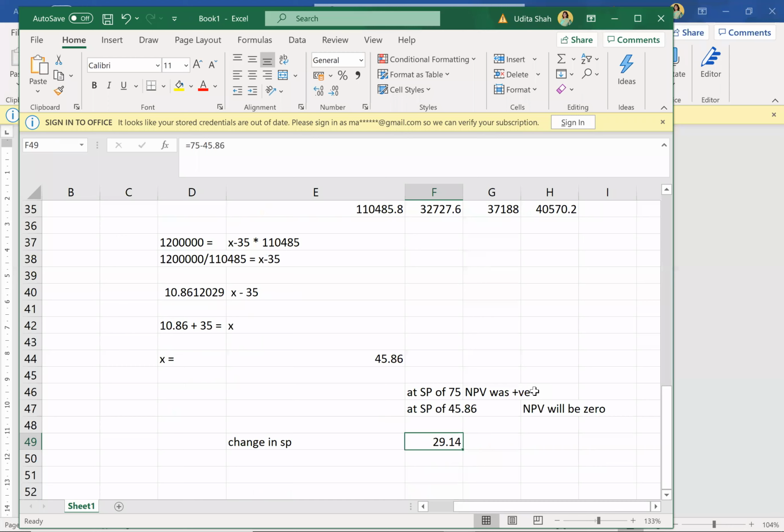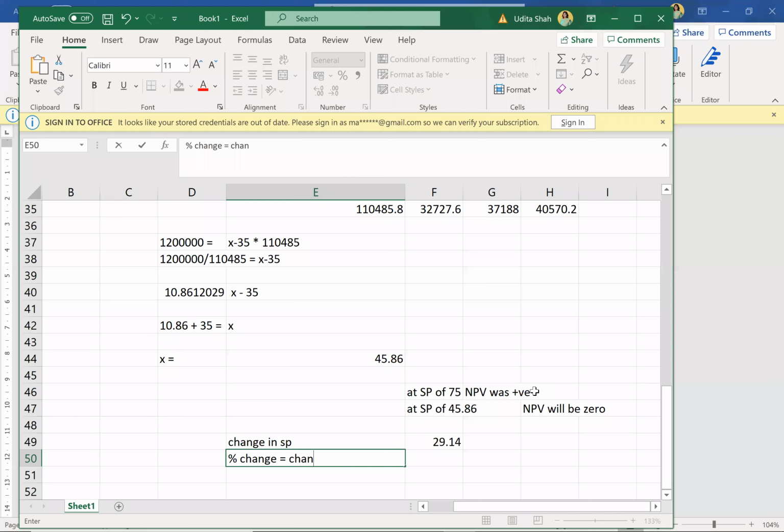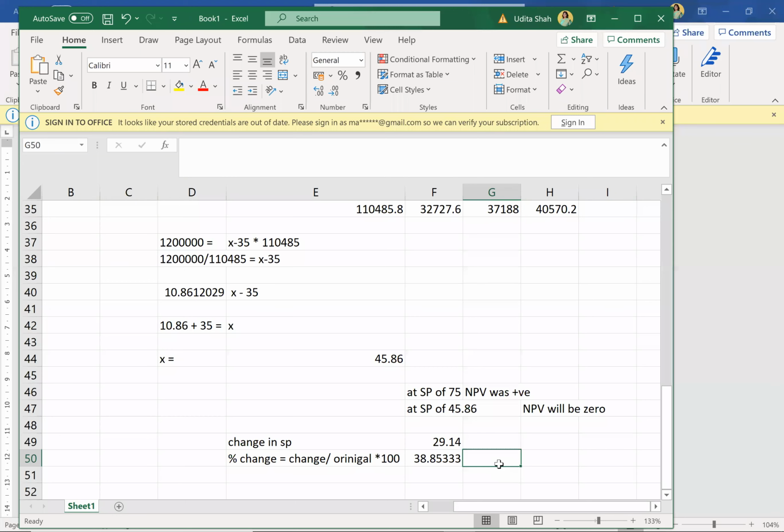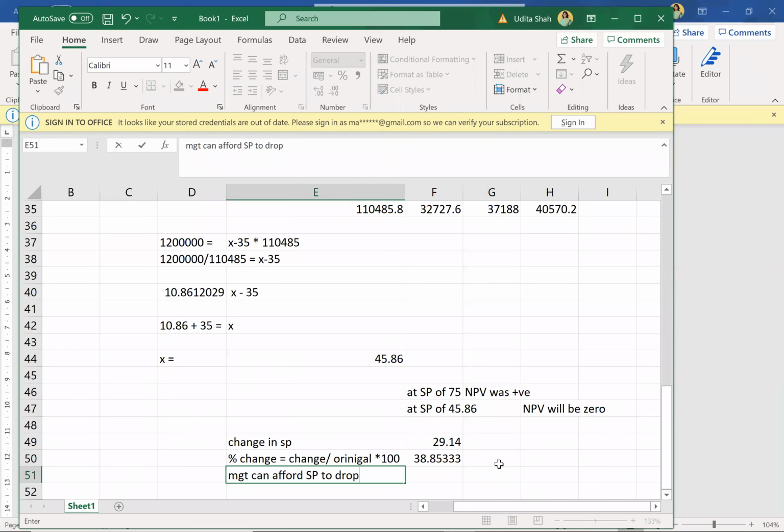And if I want this in percentage change, that will be what? Change upon original into 100, right? So that will be 29.14 divided by 75 into 100. So 38.85%. Okay, it means what? Management can afford selling price to drop till 38.85%.